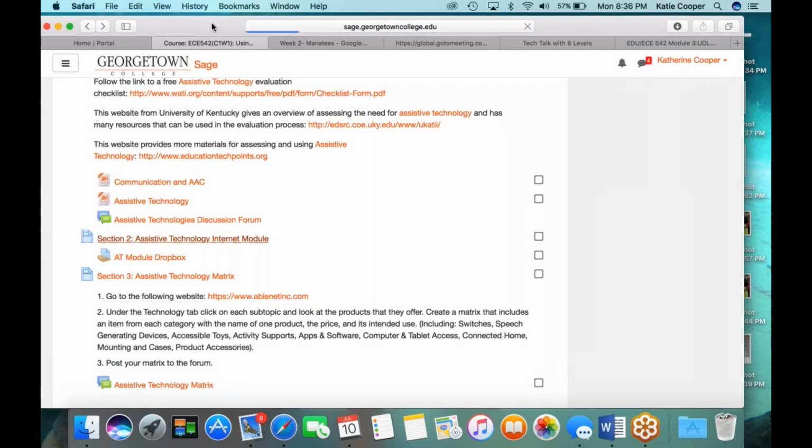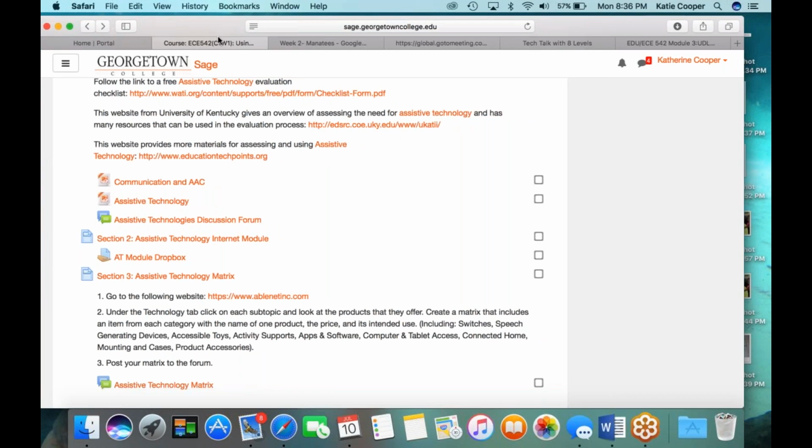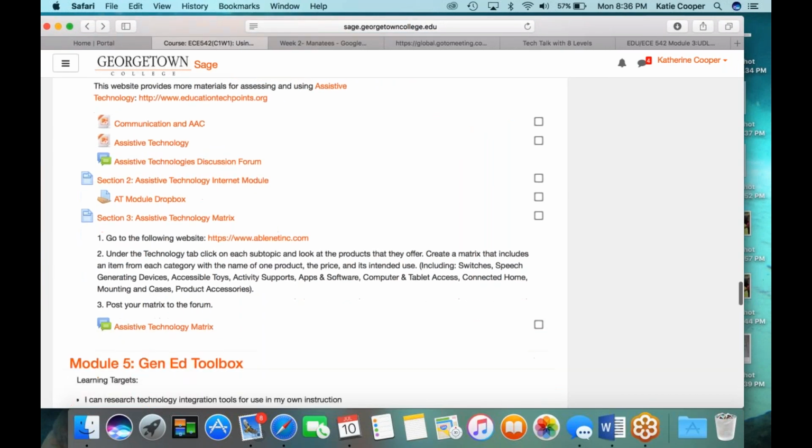And with the assistive technology matrix, you're going to the AbleNet website, looking under the technology tab and clicking the subtopics. You're picking products and giving a short description of them, the price, and its intended use.